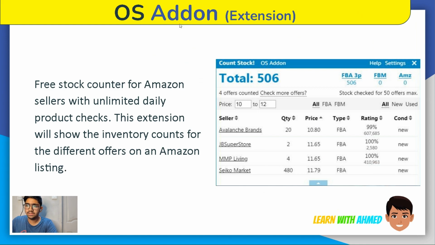Next, there is the OS add-on extension. It is also a Chrome extension. It is also quite wonderful in its work, as it gives you an estimated quantity that each seller has of the product, as it is a free stock counter for Amazon sellers with unlimited daily product checks. This extension will show the inventory count for the different offers on an Amazon listing.